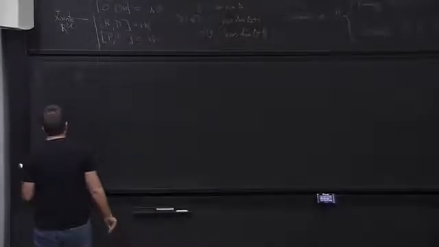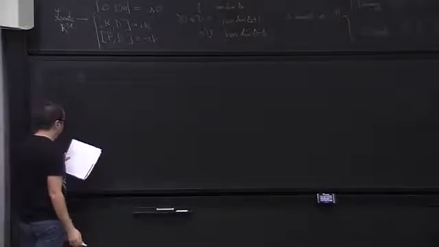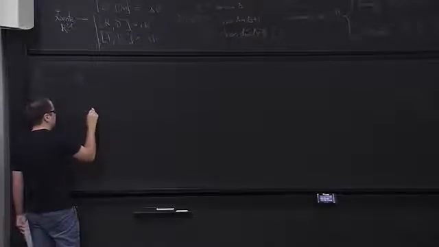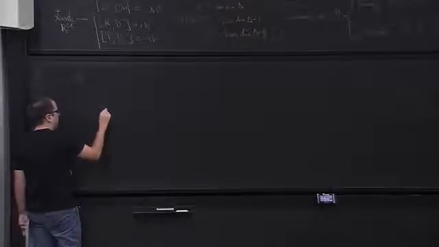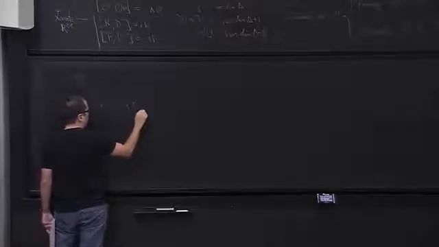So, three-point functions, the claim is that they are also fixed by symmetries. So let's see what we could say. So we want to understand what's the correlation function OI of x, OJ of y, OK of z.